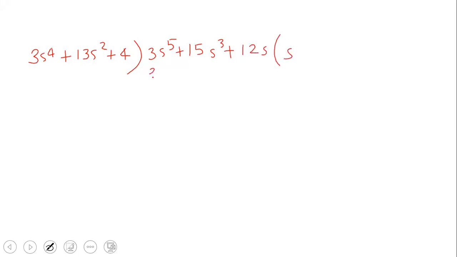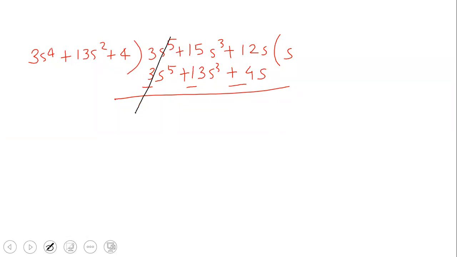So here it will become 3S raised to 5 plus 13S cube plus 4S. So then again minus, you get this cancel. You'll be done with 2S cube plus 8S, giving you this as 3S raised to 4 plus 13S square plus 4.